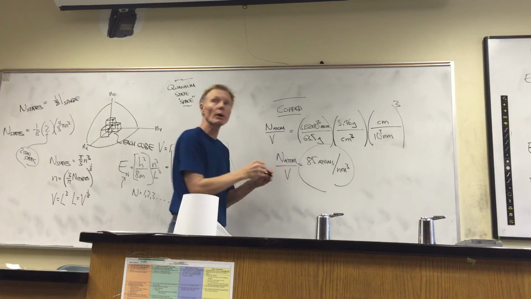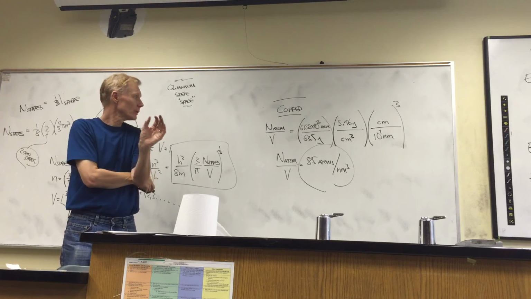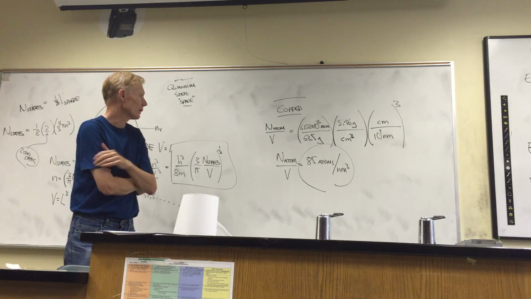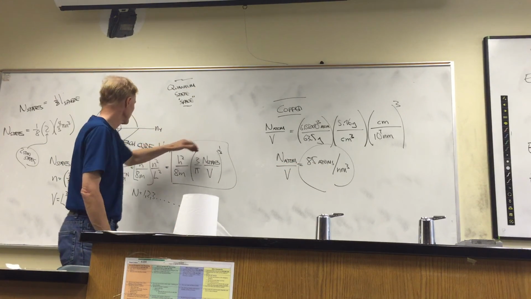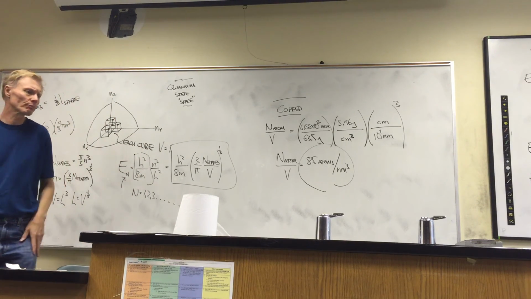That's a good number to know, right? If I take a look at just 1 cubic nanometer of copper, there's going to be about 85 atoms in that region. Okay, and I can put that back into here, and that's going to allow us to say stuff about the energy states. So let me stop here, and then we'll pick up in the other room at 2:30.